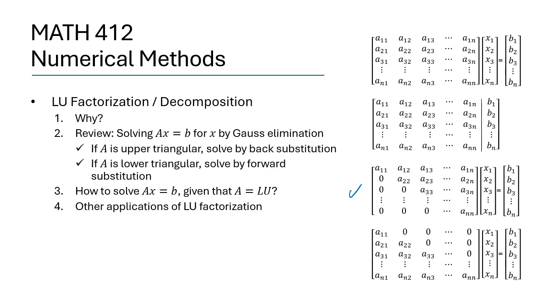From the multiplication of these two vectors, the last equation gives A sub nn times x sub n is b sub n. So therefore we can find x sub n.